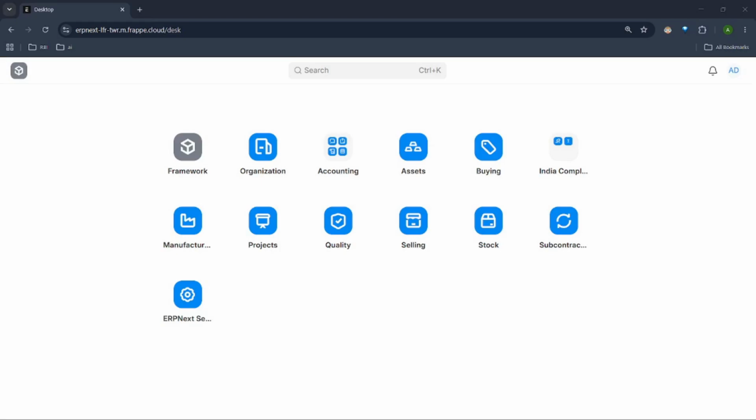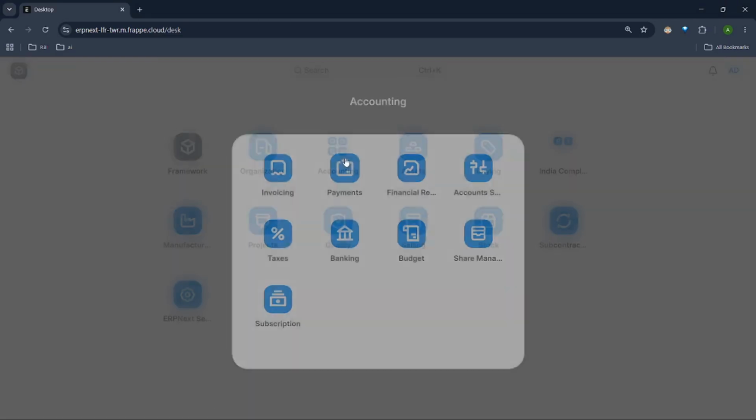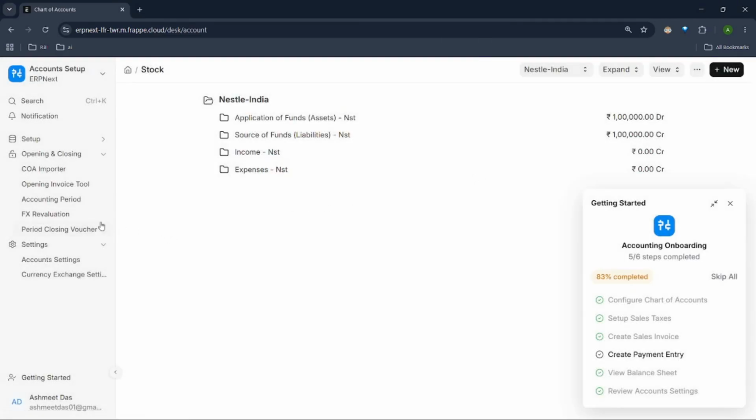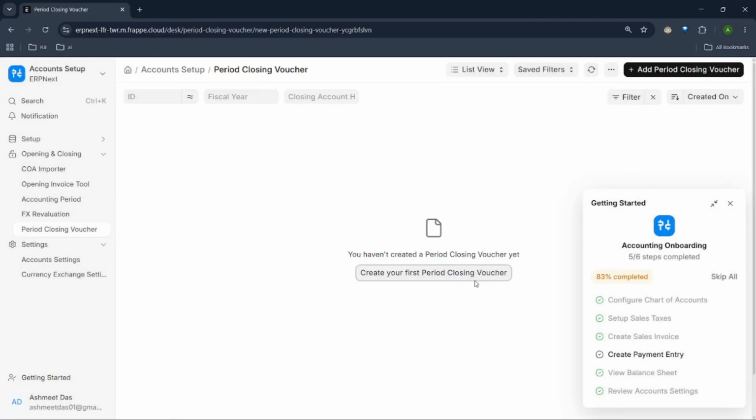Closing the financial book for the fiscal year. Basically, period closing. At the end of a year or a quarter, Nestle, or our company, closes its accounting year to balance out its P&L statement and start a new record for the next quarter or next financial year. In the accounting setup, there's a period closing voucher.